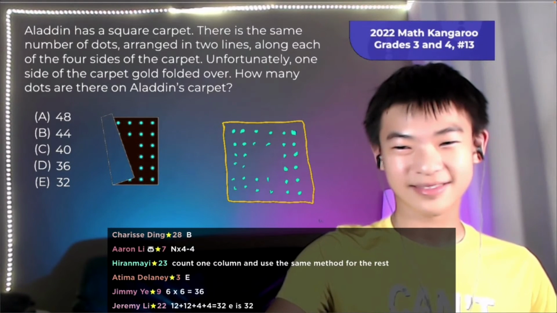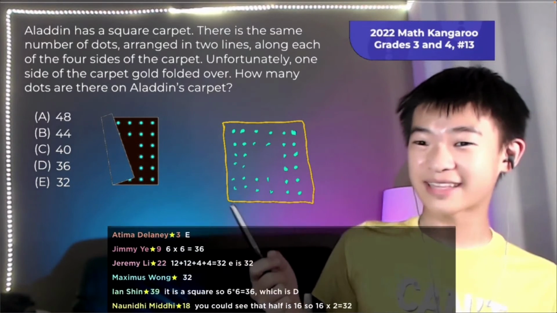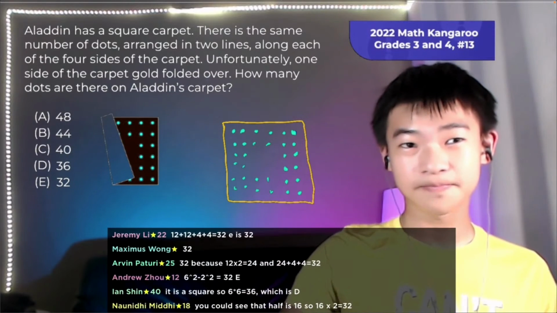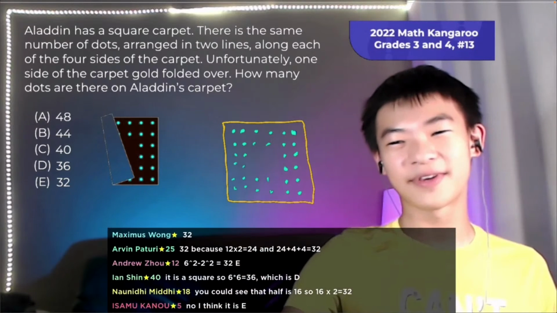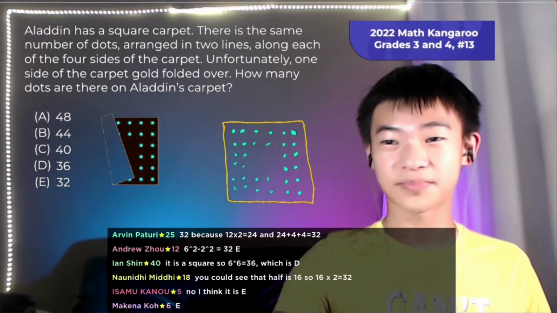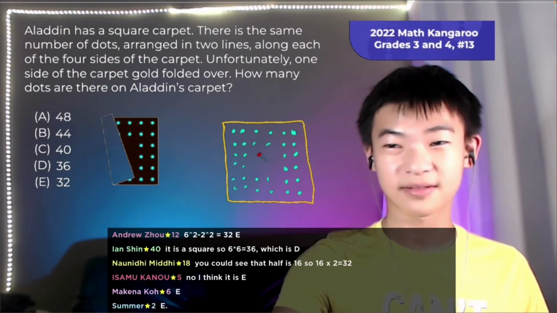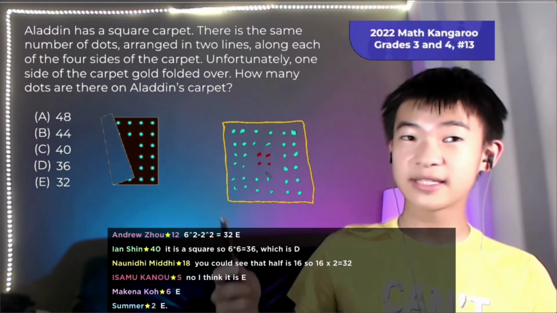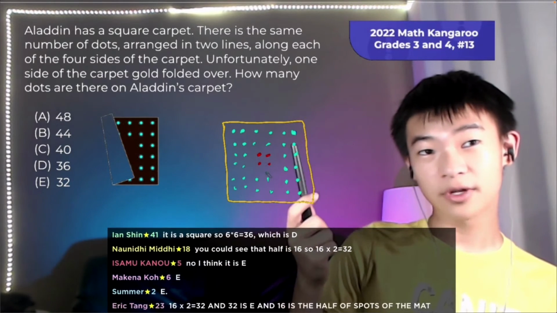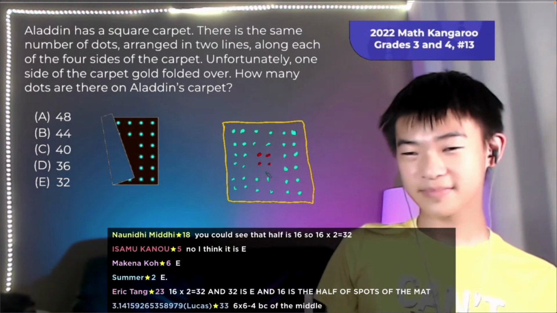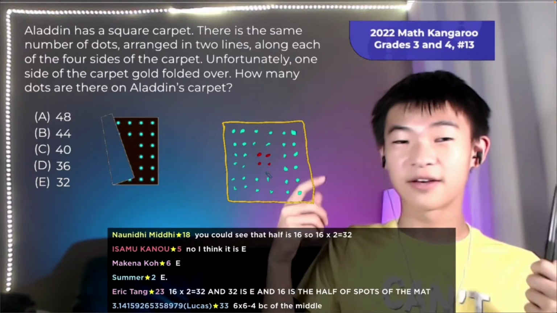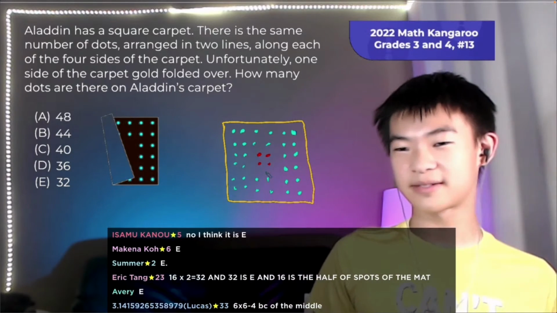However, this is not exactly filled up entirely, because if we focus on the middle, then there's a sort of gap here. If we look a little more deeper, there's actually 4 missing. We can see this by looking at the row. There's 4 in this row, 4 in this column, 4 in this column, 4 in this row. And so if we fill that up, this will be evenly spaced.